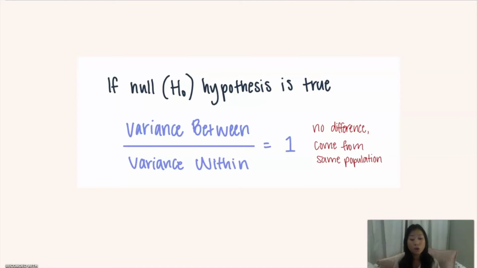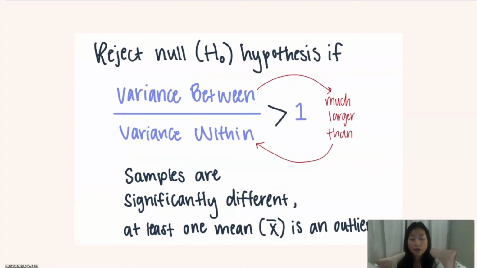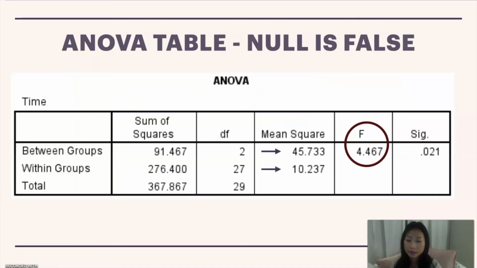There is no difference whatsoever. And then we reject the null hypothesis if the variance between the groups is much larger than the variance within. This would mean that at least one of the means is an outlier, and that's what we want to see. So let's look at an actual ANOVA table.